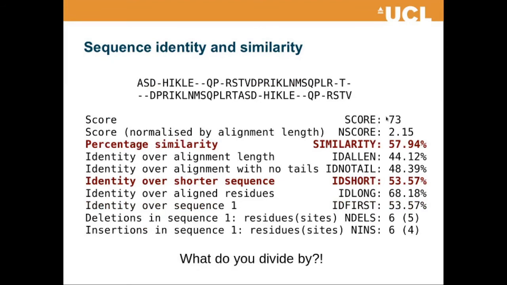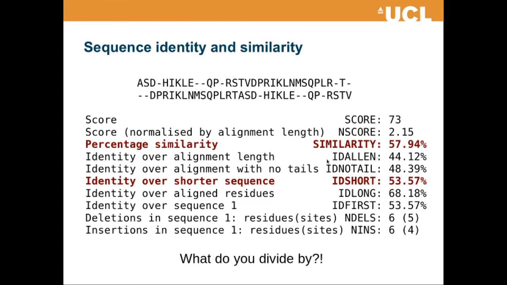This is the total score for aligning this sequence with this sequence, and here I've normalized it by the length of the overall alignment. This is the similarity score that we described before, so that's taking this score of 73 and dividing it by the lower of the two self-alignment scores.